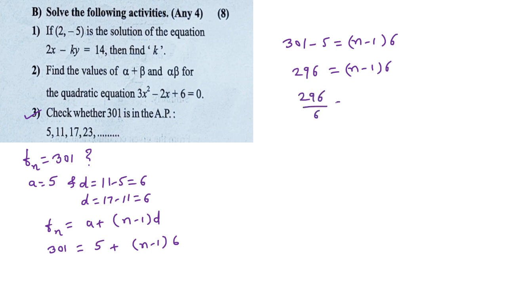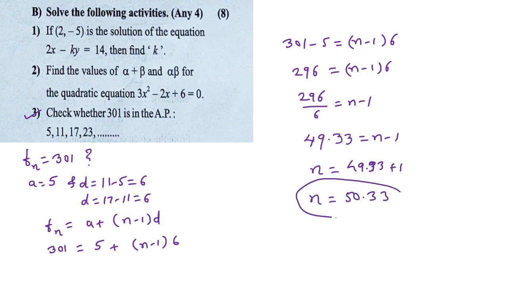296 divided by 6 is equal to n minus 1, and if you divide 296 by 6, you will get the answer as 49.33, and therefore n will be equal to 49.33 plus 1, n will be equal to 50.33, and this is not possible.